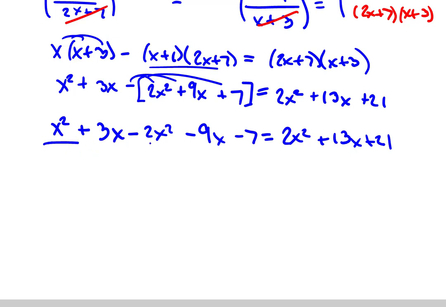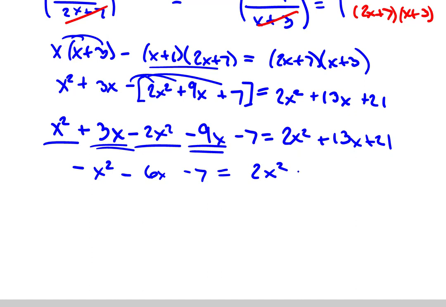We can put these x squared terms together to get negative x squared, and then these x terms together, the 3x and negative 9x, will give us negative 6x, and then we have the minus 7. On the right side, there aren't any like terms to combine. We'll just copy them down as 2x squared plus 13x plus 21.